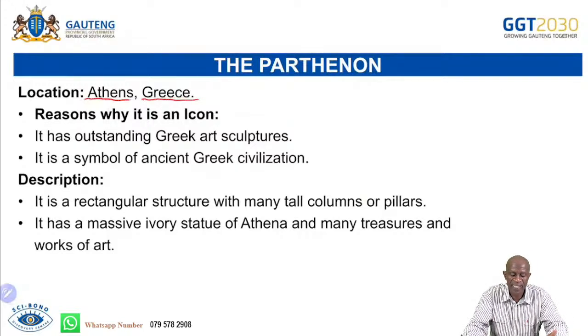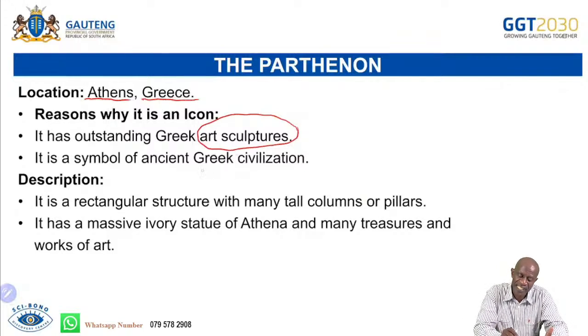And the reason why it is an icon, it has outstanding Greek art sculptures. So it tells you that if you want to experience the unique Greek art creations, go to the Parthenon, and you'll find all those kinds of art presented by the remains of the Parthenon. It is a symbol of ancient Greek civilization.